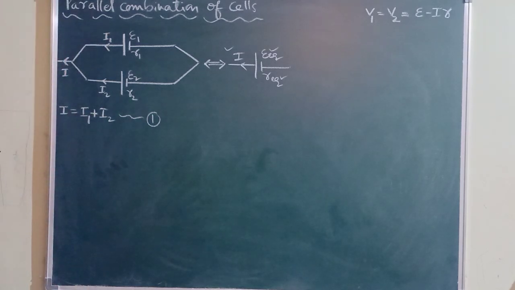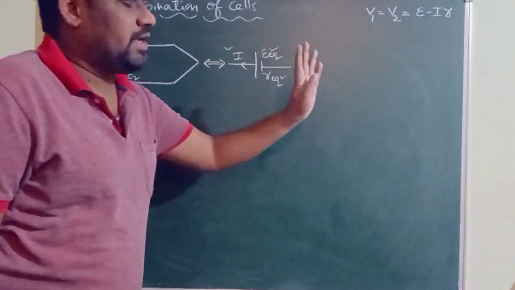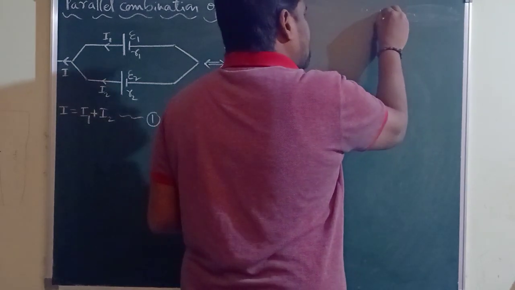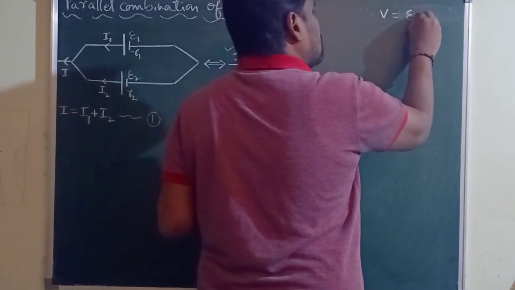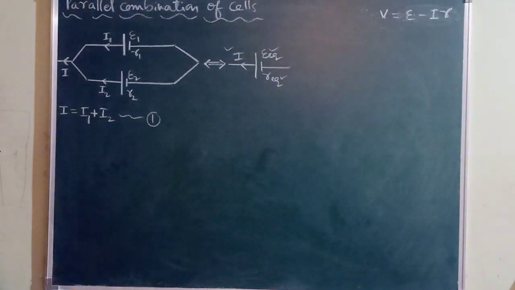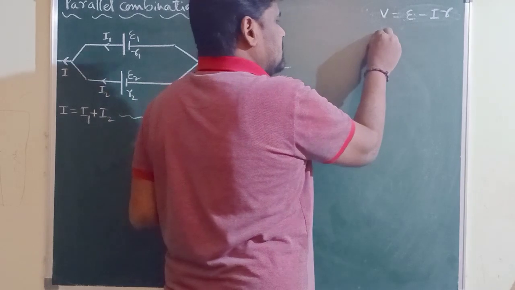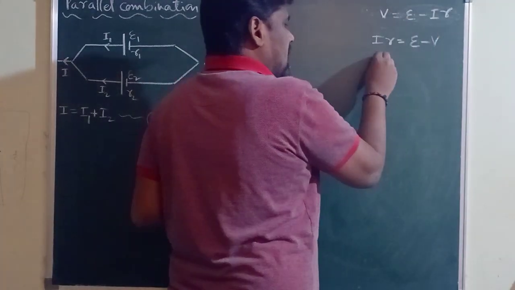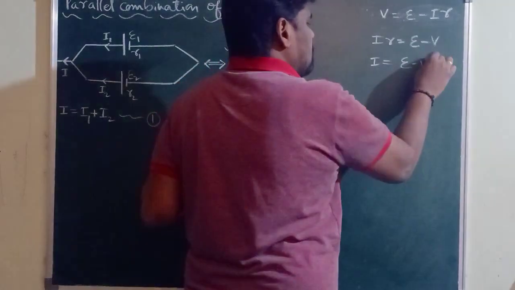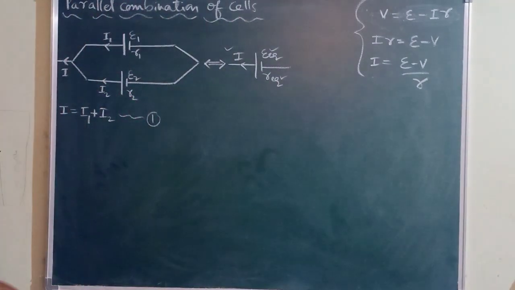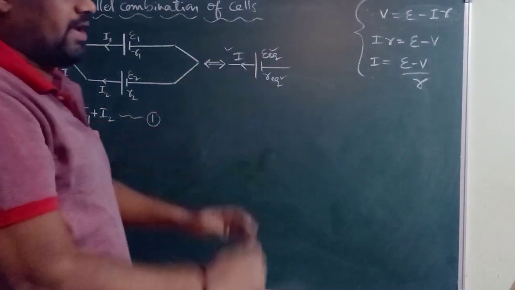Both the cells have the same terminal potential difference. In general, the terminal potential difference is given by V equals E minus IR. If you transfer IR to this side, IR equals E minus V, or I equals (E minus V) divided by R.